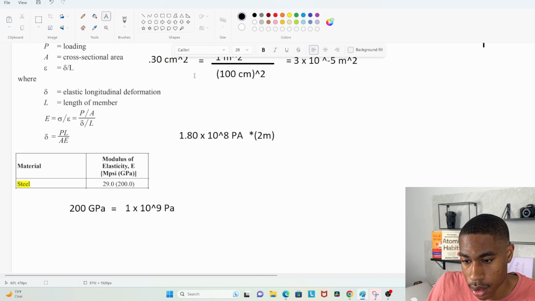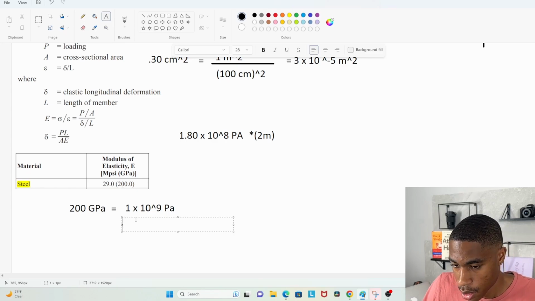And this will give us, and I don't need to have equals, it needs to just be multiplied by, so, and this is 1.